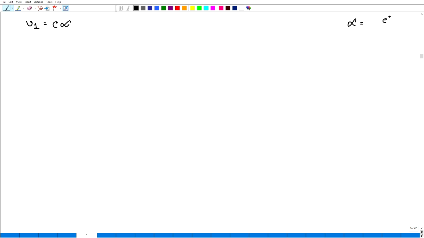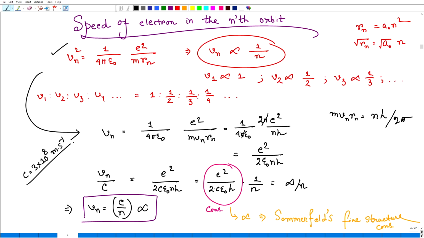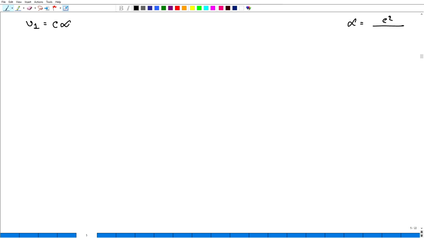Alpha was e square divided by 2 c, one minute, there should be a 2 pi, yes, 2 pi should be there. It's correct. So, e square divided by 2 c epsilon naught h, this is e square.